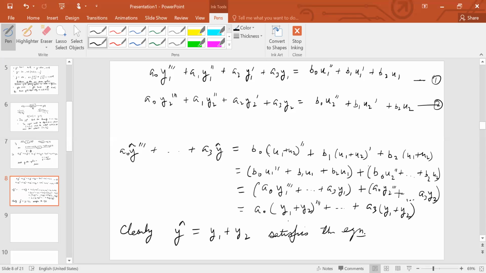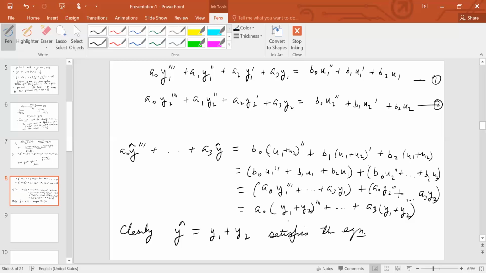Suffices to say, I'm not really doing this in a hand-waving way, that at least Y1 plus Y2 is a solution of this differential equation when U1 plus U2 is the input. So when U1 plus U2 is the input, Y1 plus Y2 is definitely one candidate output. Okay, so the additivity property holds.